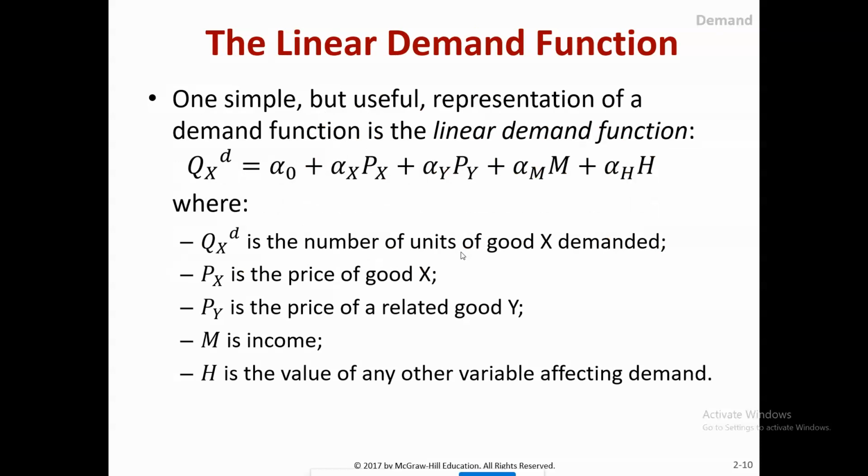Linear demand means holding all the other variables fixed and just focusing on one variable, the slope between this variable and the dependent variable, for example, price of X and quantity of X, is a constant number. The slope doesn't change. And every component is added as a summation.